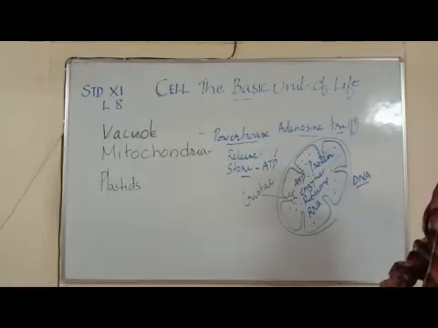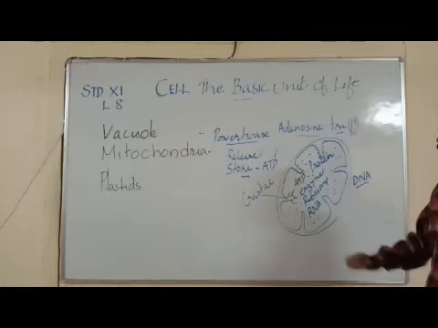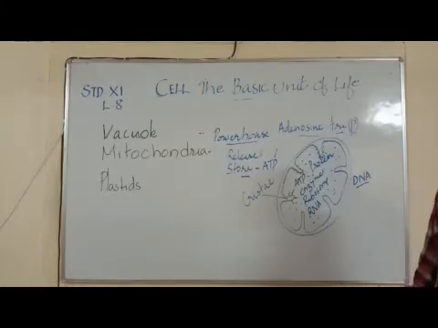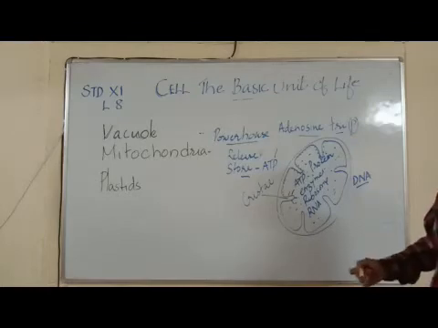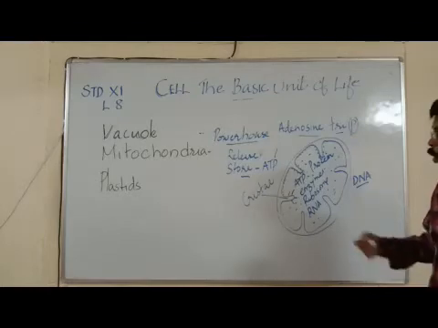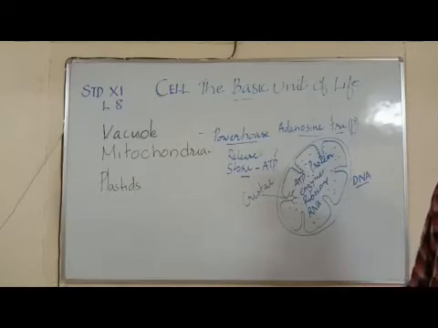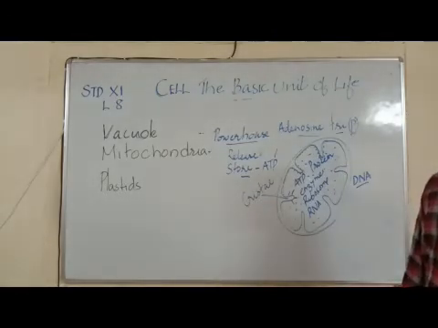So what is the advantage of infoldings in the inner membrane of mitochondria? Yes, the inner membrane is infolded to increase the surface area so that it can increase the rate of oxidation of food and release more energy. At the same time, they can also synthesize more ATP. So mitochondria are present in many active cells like sperms.